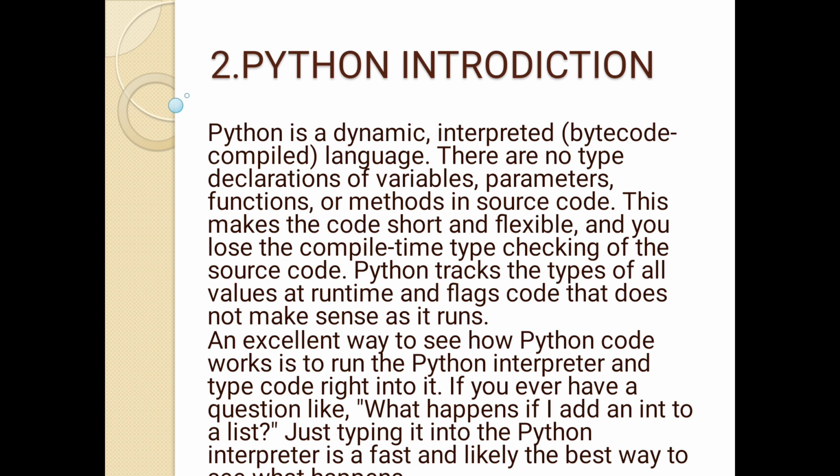This makes the code short and flexible, and you lose the compile-time type checking of the source code. Python tracks the types of all values at runtime and flags code that does not make sense as it runs.